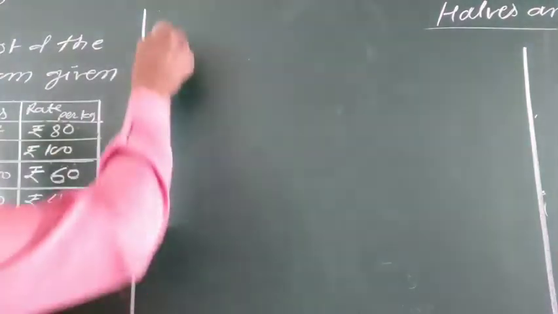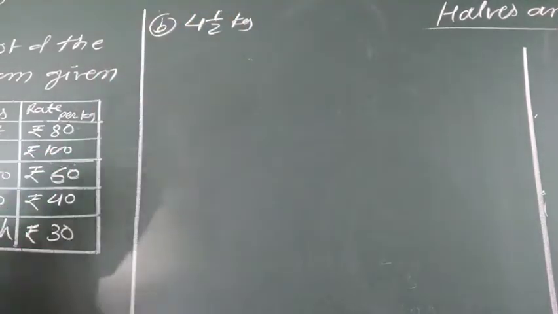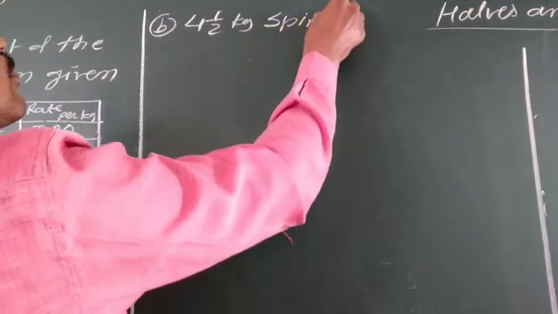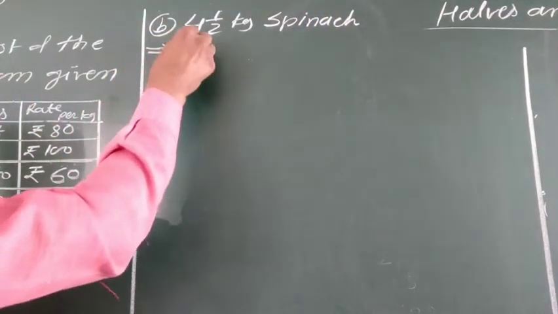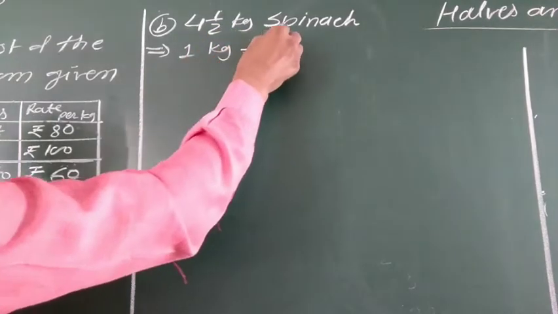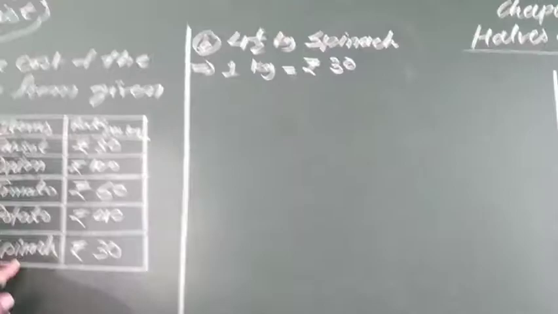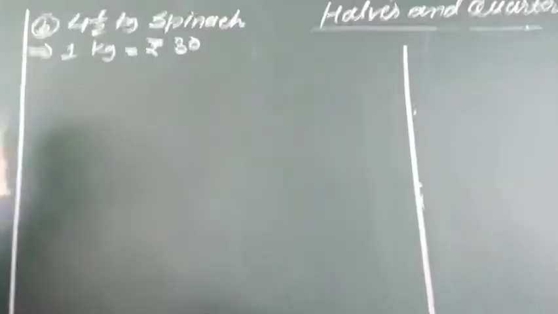Number B example: 4.5 kg spinach. The spinach rate for 1 kg is rupees 30. It is given in this table: spinach is rupees 30 per kg, meaning for 1 kg it is rupees 30.